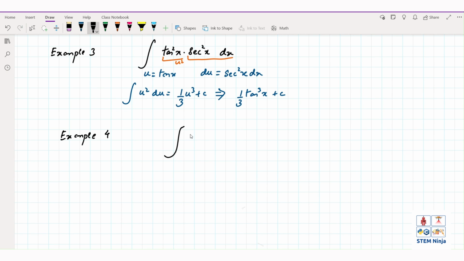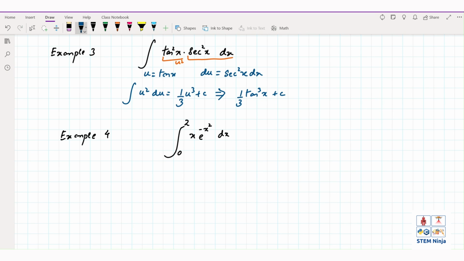Let's say you have x e raised to power minus x squared, and from 0 to 2, for example.